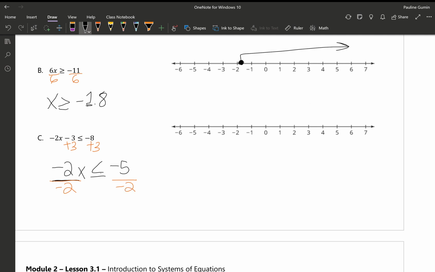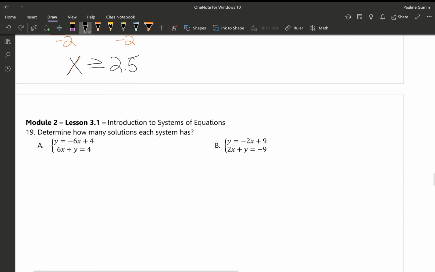So instead of x is less than or equal to, we're going to have x is greater than or equal to positive 2.5. Because it's greater than or equal to, we get a solid dot on 2.5. Greater than has a shading to the right. All right, onwards we go.